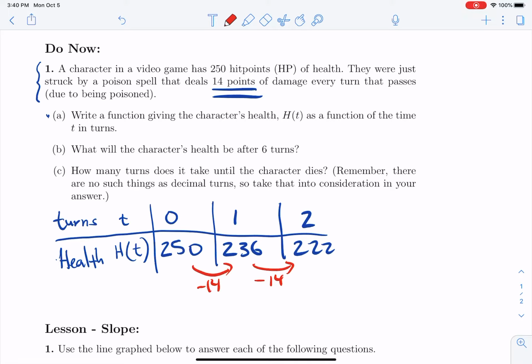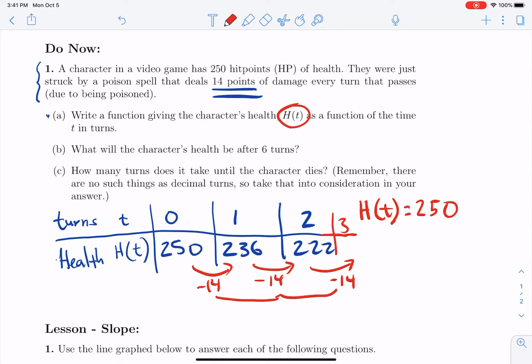Okay, so for our function, h of t, well, we start with 250. And now every turn I'm losing another 14 points. So if I went to turn 3, I'm really losing 3 times 14 points.